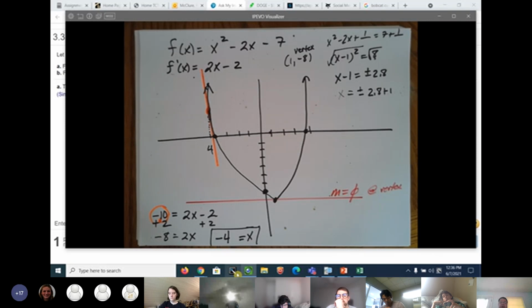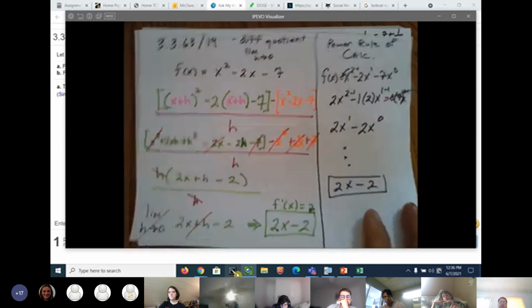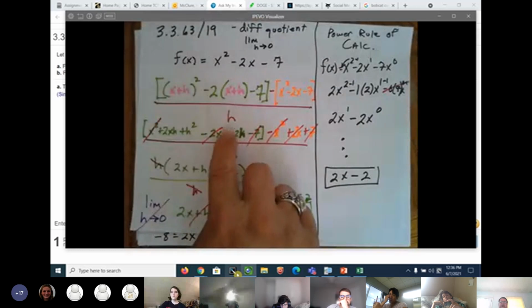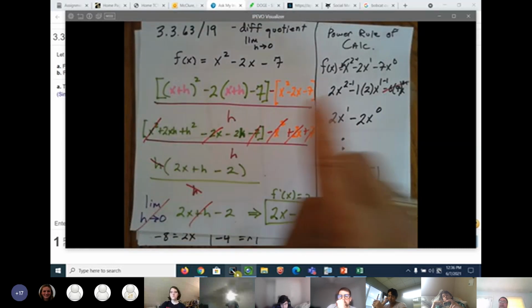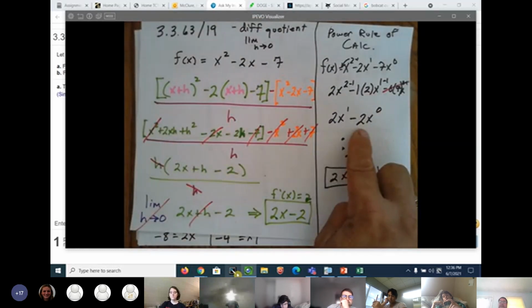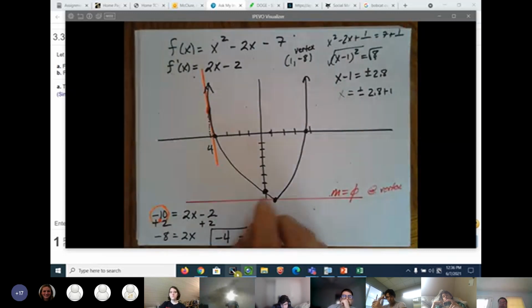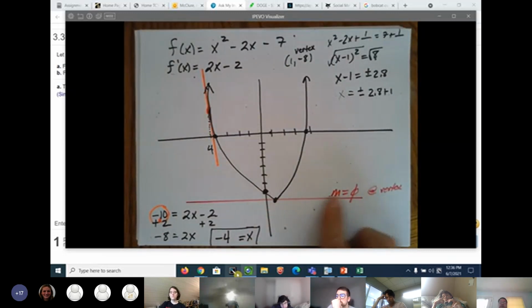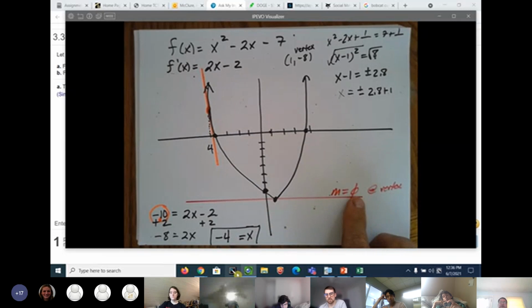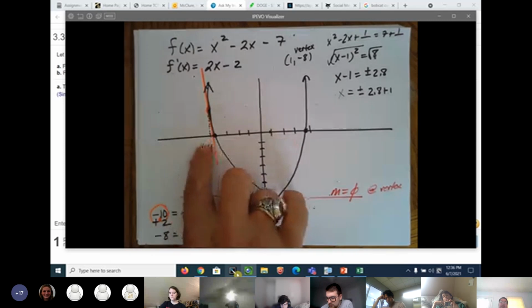Is this a good test question? There's different test questions in this. There's one test question right there. There's two test questions right there. This could be a test question by itself, either asking you for the vertex, that could be a test question, or asking you for the slope of a line at x is equal to 4.